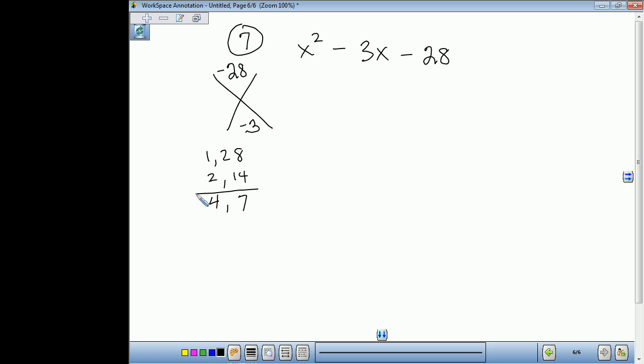Because when I find the difference in these two, because I know they have to be opposite signs, I can make that be -3 if I have a +4 and a -7. So we take those factors, the 4 and 7, and make that larger one negative, so that when we add it, we get the negative. So this factors to x plus 4 times x minus 7.